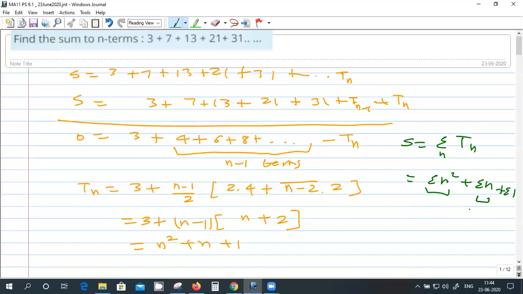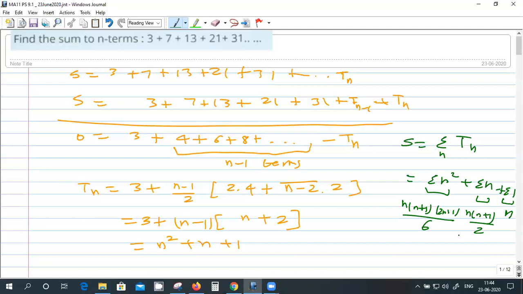Summation of n square is n into n plus 1 into 2n plus 1 by 6. These standard results you have to remember. And what is the summation of 1? It is 1 plus 1 plus 1, n times. So it is n.